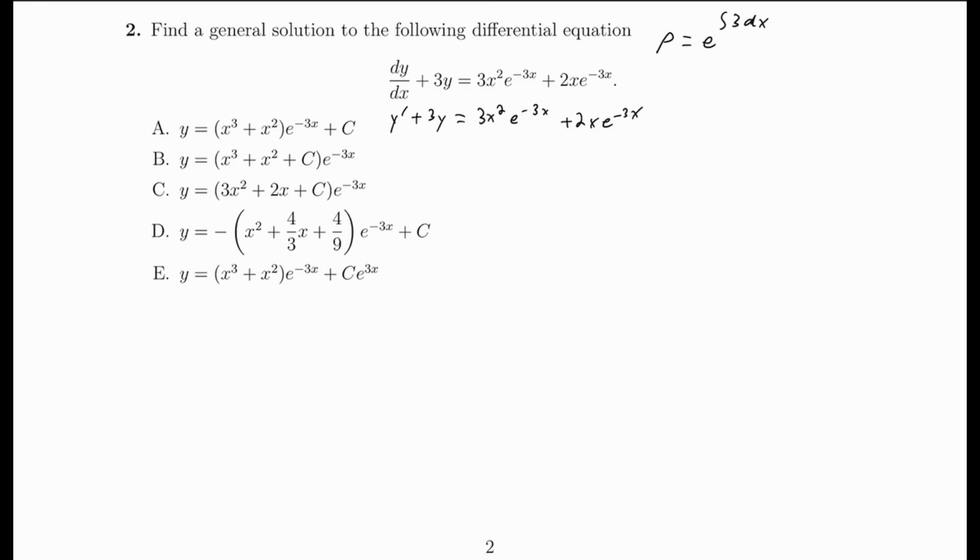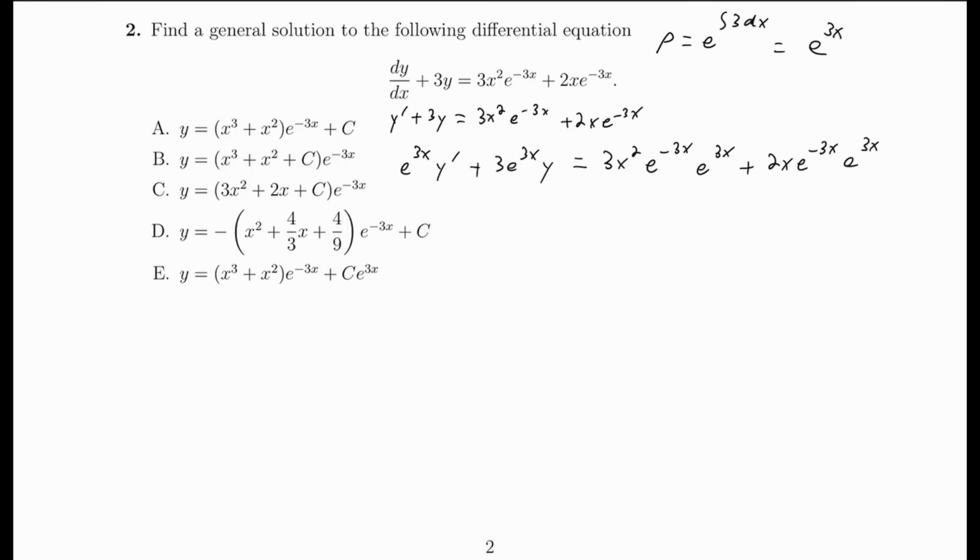Once we integrate this, that's going to get us e to the 3x, and now we multiply everything by that e to the 3x. So we will have e to the 3x y prime plus 3e to the 3x y equals 3x squared e to the negative 3x e to the 3x plus 2x e to the negative 3x e to the 3x.